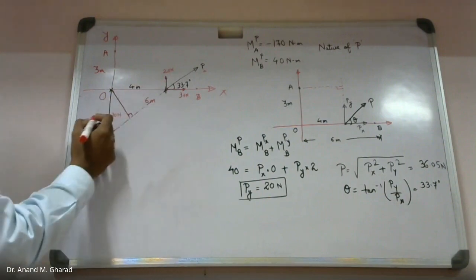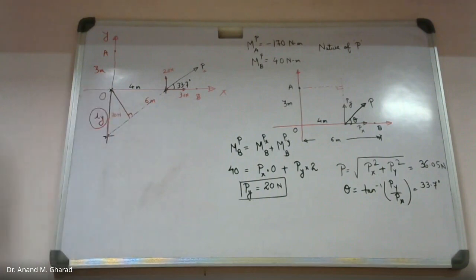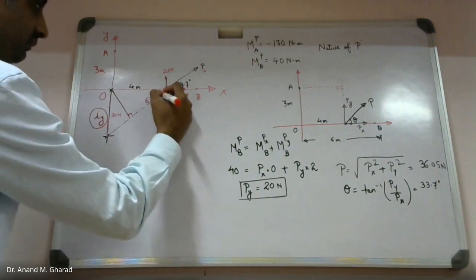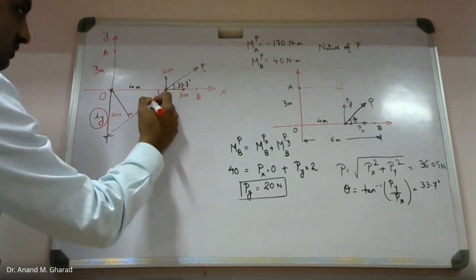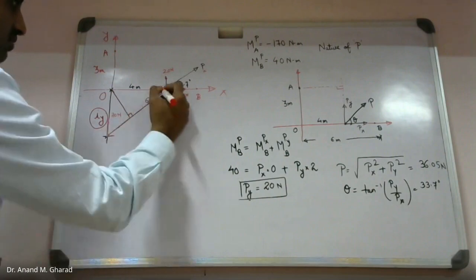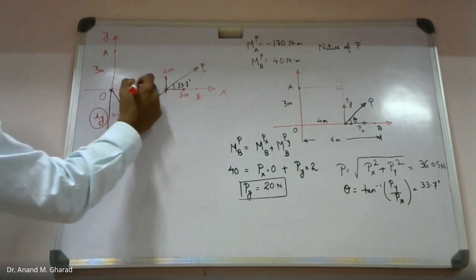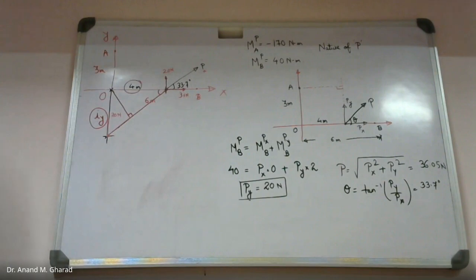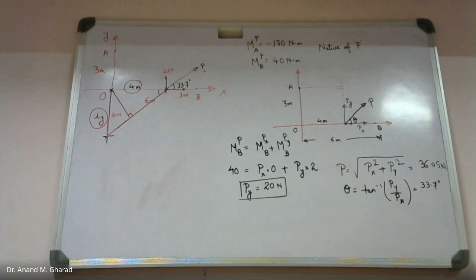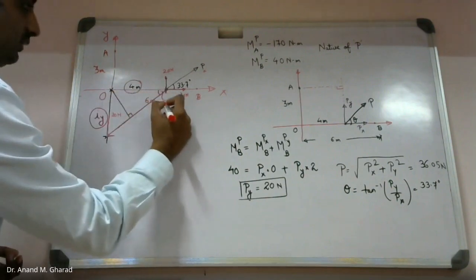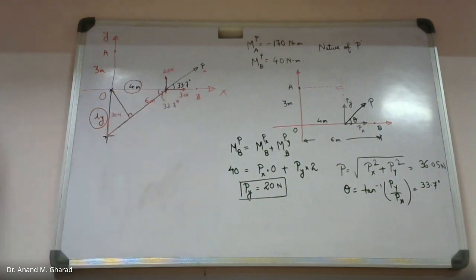See, my ultimate aim is to find out Iy. Okay, I know this angle. Am I right? Can I not find out this much distance based on this angle? Because you know this is 4 meter. Yes or no? How much will be this value, this distance? This is 33.7.